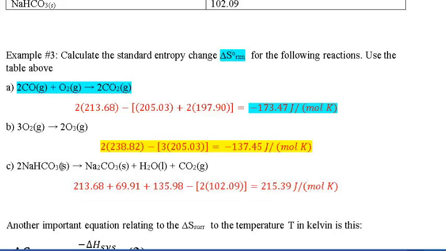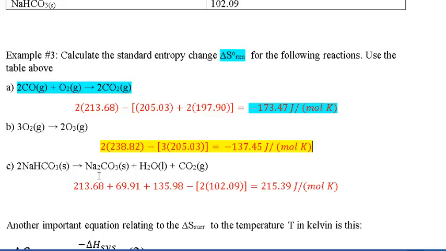In this reaction, a solid is being converted to a solid, a liquid, and a gas. So the liquid and the gas represent more disorder than a solid. And we're making a liquid, we're making a gas. We're having 1 mole of a liquid, 1 mole of a gas, 1 mole of a solid. 2 moles of a solid are being transformed to 1 mole of a solid.